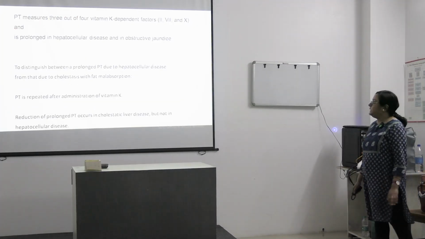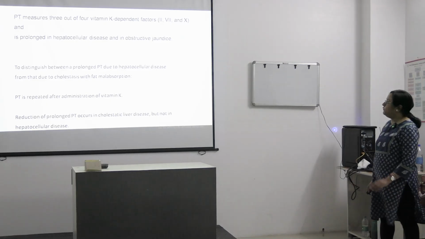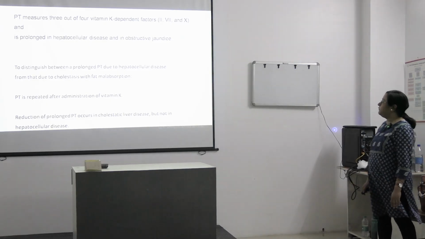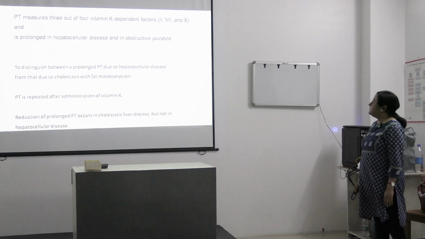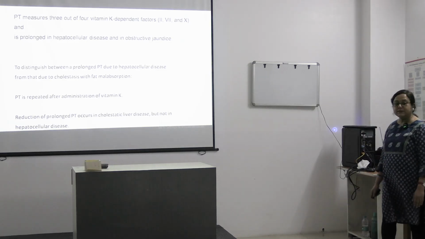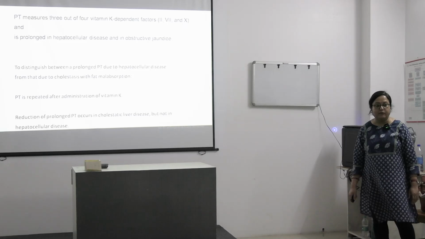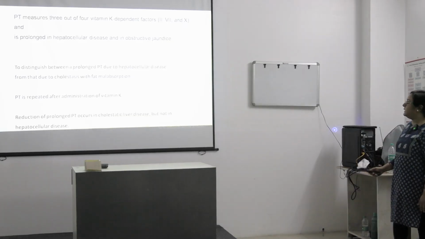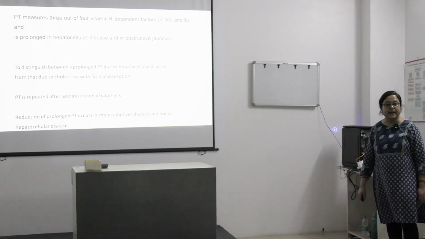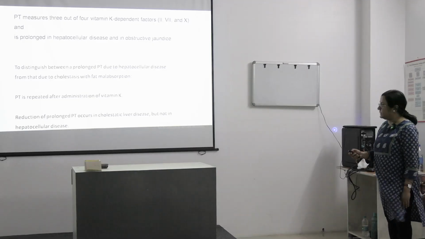Prothrombin time measures 3 of the 4 vitamin K dependent factors, like 2, 7 and 10. Normally it is 11 to 13.5 seconds, and it is prolonged in hepatocellular diseases and in obstructive jaundice.